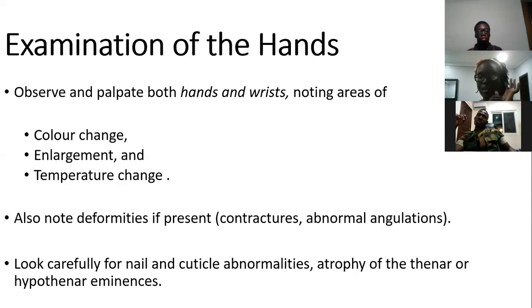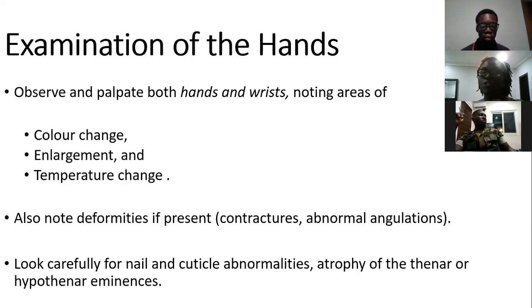Then check the thenar and hypothenar eminences. So the thenar eminence is the fleshy part which is near the thumb, and the hypothenar eminence is the other fleshy part of the hand which is near the little finger. Okay, so check if those muscle groups have become hypertrophied or atrophied.